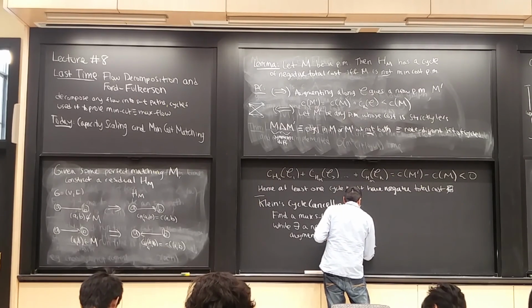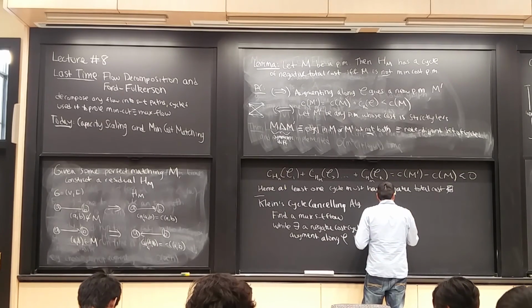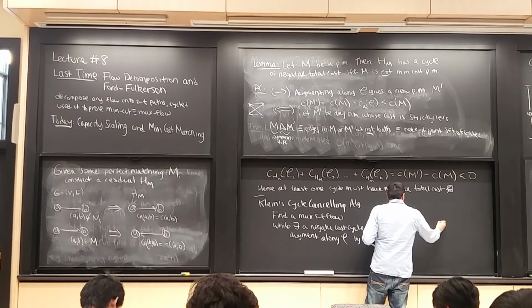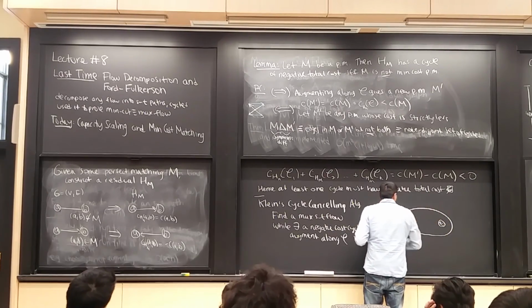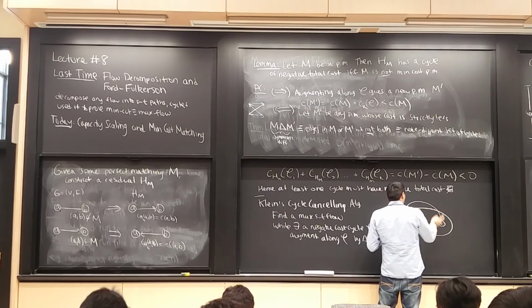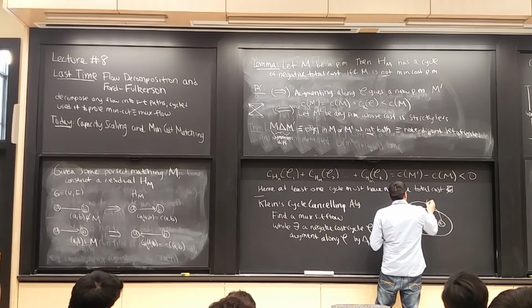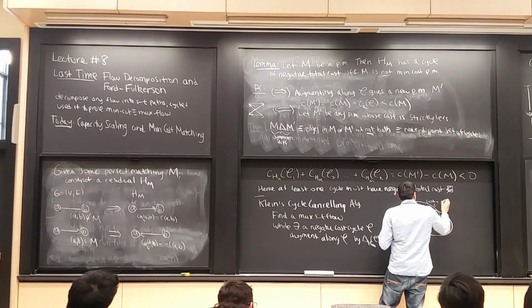But the important thing is that you should really think of this as morally being the analog of Ford-Fulkerson. Imagine you started off with your s-t graph, and instead I create some arc going back from T to S, where the cost is minus infinity, and the capacity is plus infinity.